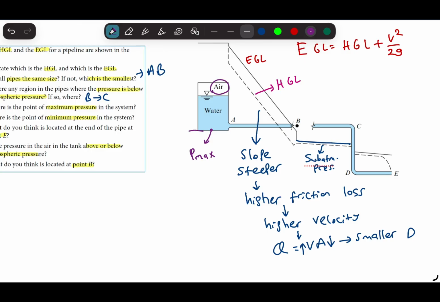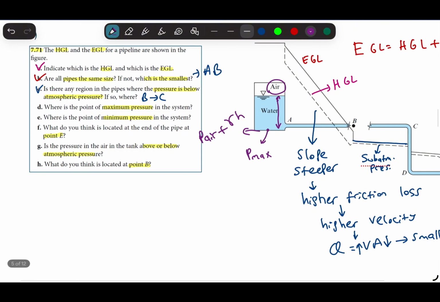And at this point we will have pressure from the air plus gamma h, which is specific weight times this depth. So it is highest at this point, and it is higher than the pressure in the pipe because the water is moving inside the pipe, so there will be some losses and it will not be static. So the bottom of the tank has the highest pressure.